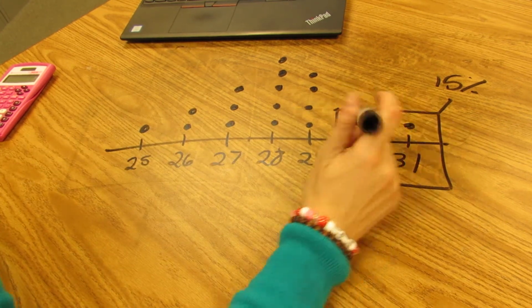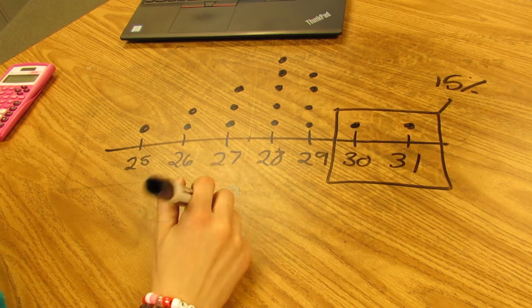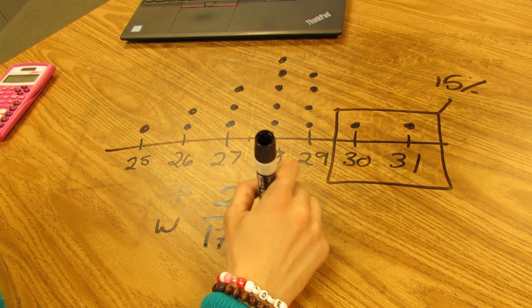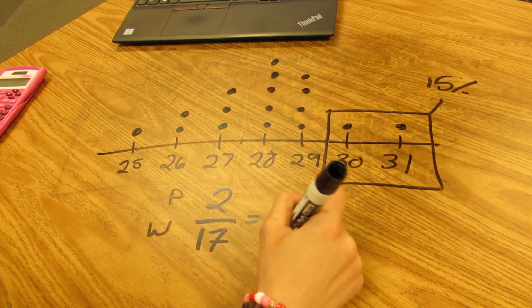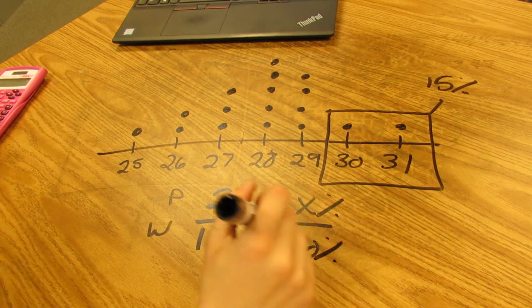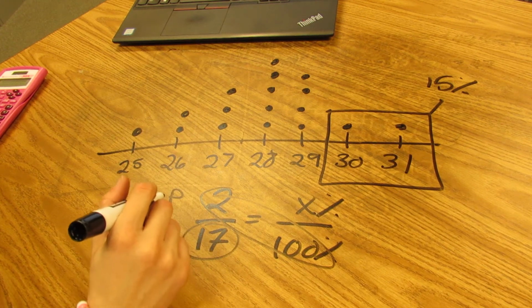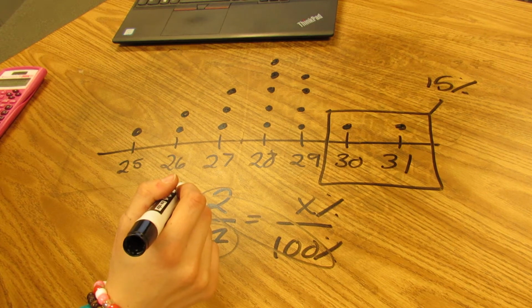We have 2 data points. We're going to see what the actual percentage is. So 2 boxes, and we already know that it was 17 total, part of her whole. And we're trying to figure out what percent those 2 boxes are out of 100%. So again, cross multiply, divide by the unused number. We've got 2 times 100, which gives me 200, divided by 17.